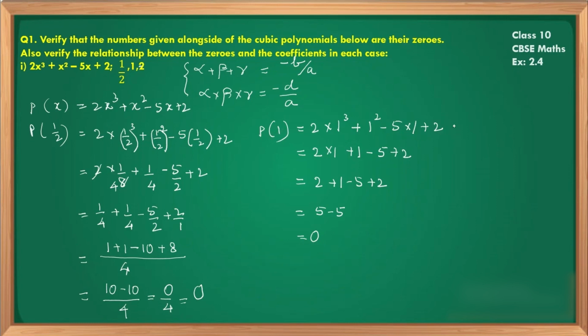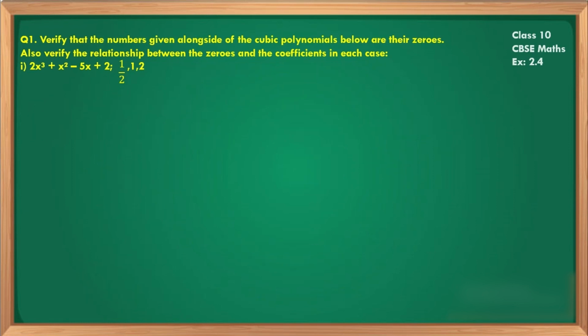Now the third one is p of minus 2. Okay, we'll go to the next page. Now we are going to use the value of minus 2 for this polynomial. We put p of minus 2 equal to 2 into (minus 2) whole cube plus (minus 2) square minus 5 into minus 2 plus 2.